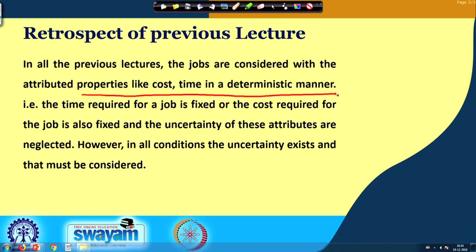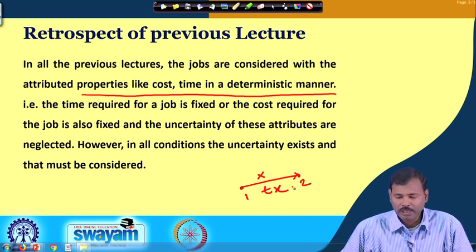Say we would like to transfer X material from place 1 to place 2, and we have considered the time requirement for this is T x. So, this T x is considered as fixed, but the variability is not considered.